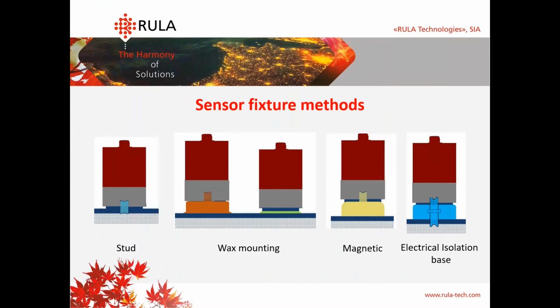Let's go. Another way to mess up your vibration test is shaker fixture. Here on the screen you can see multiple ways of fixture: with a stud, wax mounting, magnetic, and using an electrical isolation base. You should select the most appropriate method for your setup.